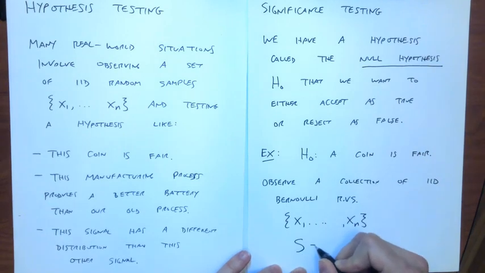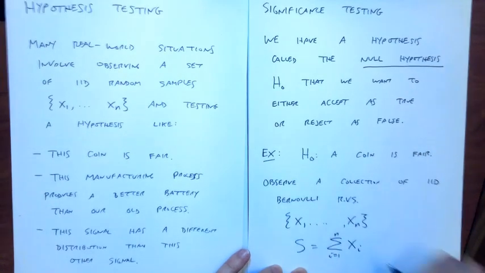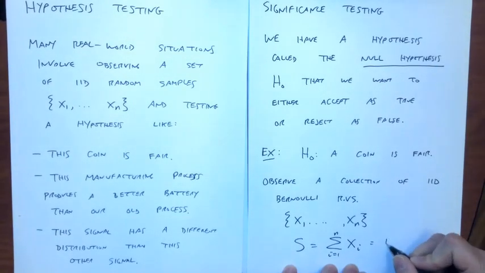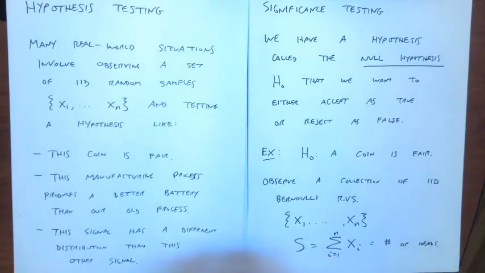And then let's let S be the sum of the heads, this is basically the number of heads. And so, you know, say I flip the coin 100 times.